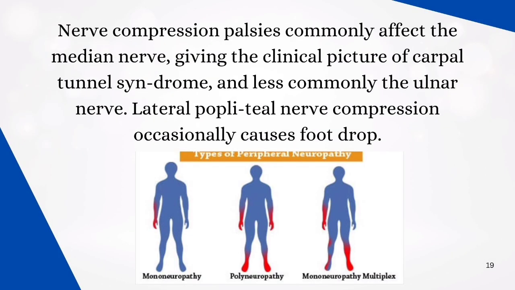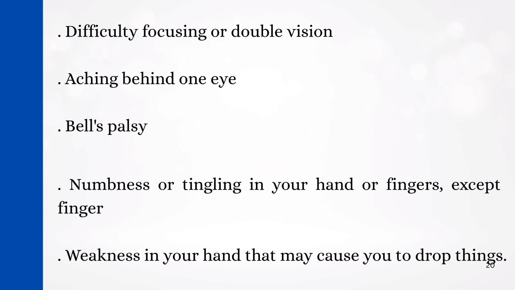Nerve compression palsies commonly affect the median nerve, giving the clinical picture of carpal tunnel syndrome, and less common the ulnar nerve. Lateral popliteal nerve compression occasionally causes the foot drop and may also include the symptoms like difficulty in focusing or double vision, aching behind one eye, Bell's palsy, numbness and tingling sensation in hand and fingers, weakness in hand.